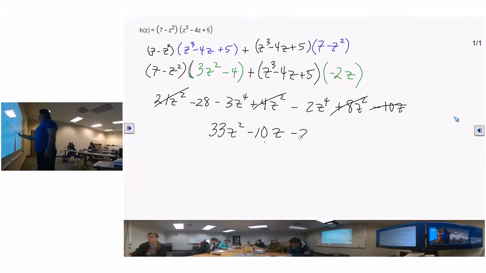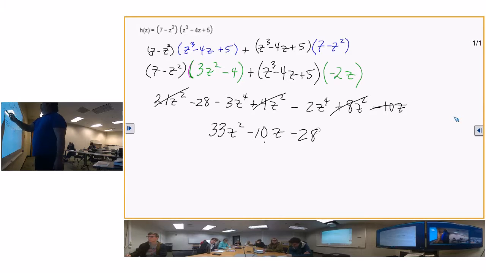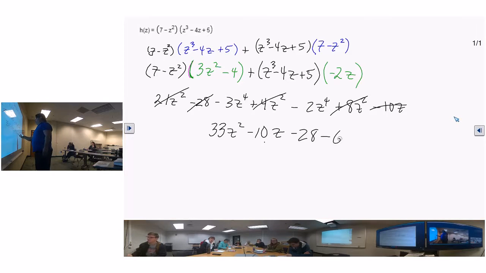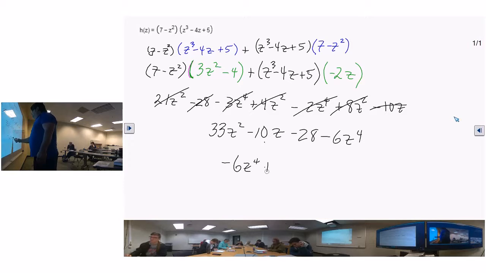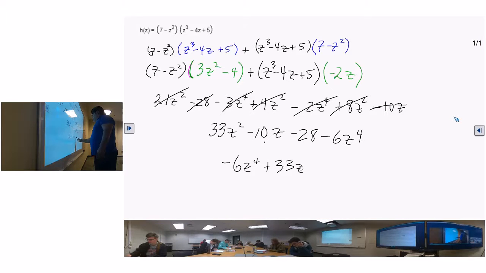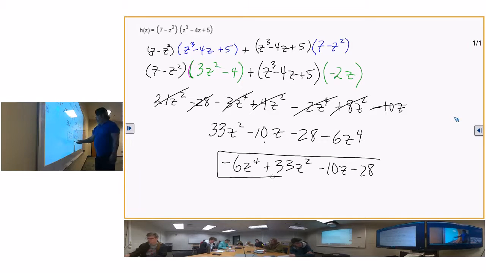Minus 28. And negative 3 minus 2 is negative 5. Y'all check me. And that's going to be negative 6z to the fourth plus 33z squared minus 10z minus 28. Everybody get that?